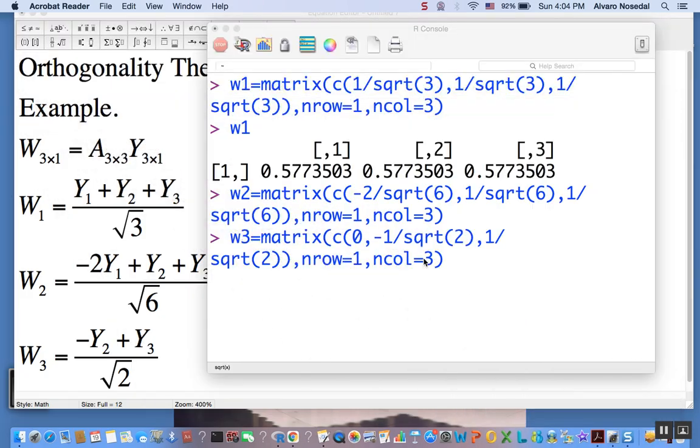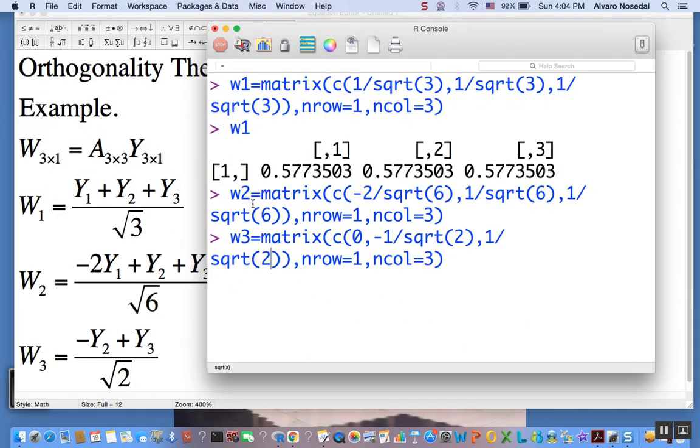Okay, I'm just using the lowercase w's to refer to the 3 rows that define our matrix A.